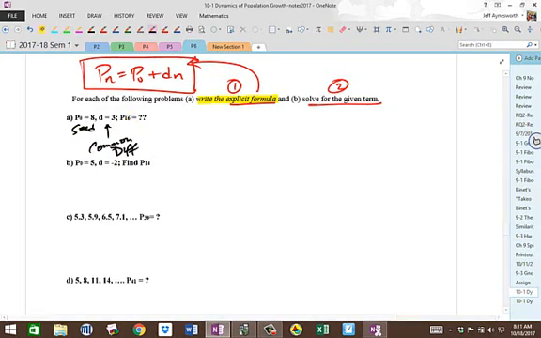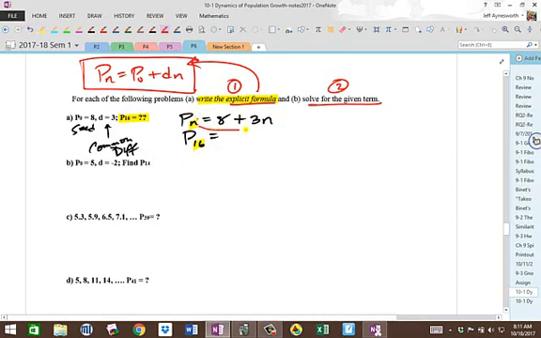We want to find the 16th population after 16 transitions. So first we write the formula. p sub 0 is 8, so it's 8 plus 3 times n. Now to find the 16th population, where n equals 16, you simply substitute your value into your function.